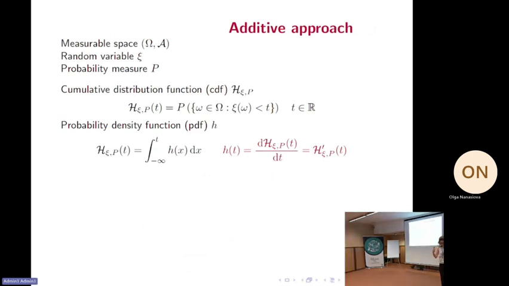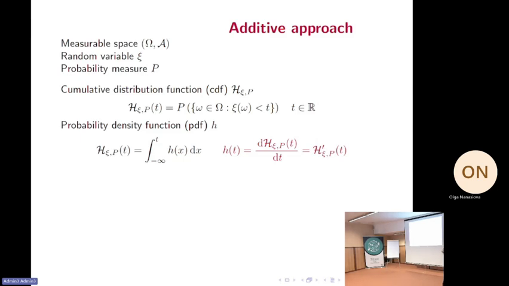So let me start with the additive approach. Here, throughout the whole presentation, I will need to assume that we have a measurable space, so a non-empty sample space and some sigma algebra, where we assume a probability measure, so an additive measure which has a normalization condition, and a random variable or measurable function. And the basic concept in probability is the cumulative distribution function.